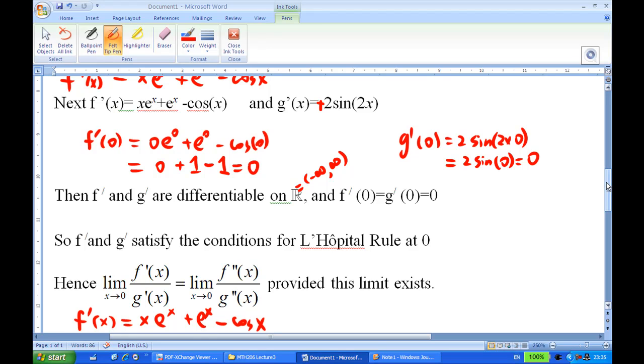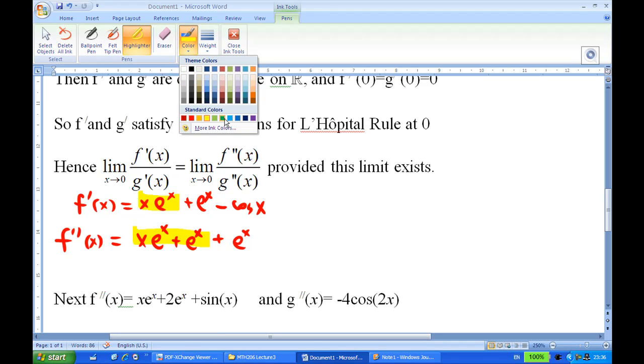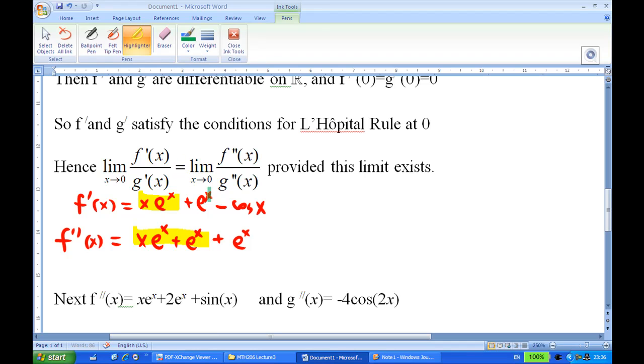Applying the result, we differentiate one more time. For f double prime x, using the product rule on x e^x, differentiate x to get 1 times e^x, keep the first term and differentiate e^x to get e^x. Differentiating e^x again gives e^x. And differentiating minus cosine x gives plus sine x.